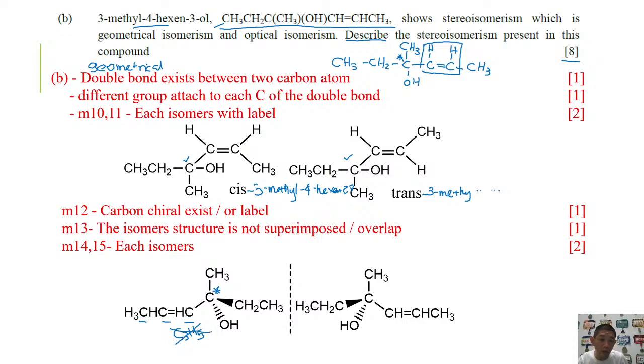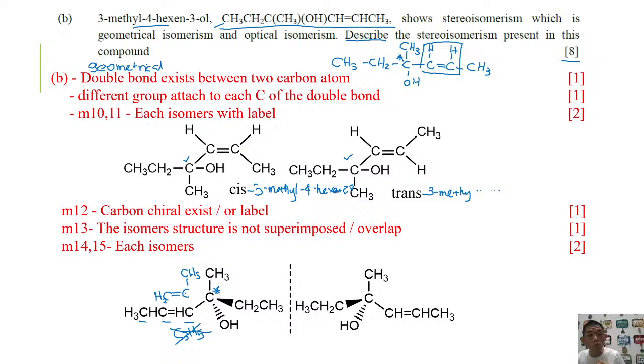Actually cannot. Try your best not to put this general formula like this, because C3H5 can be many things. What happens if C3H5 looks like this? This is also C3H5. Okay, this is also C3H5, isn't it? So you get what I mean or not?